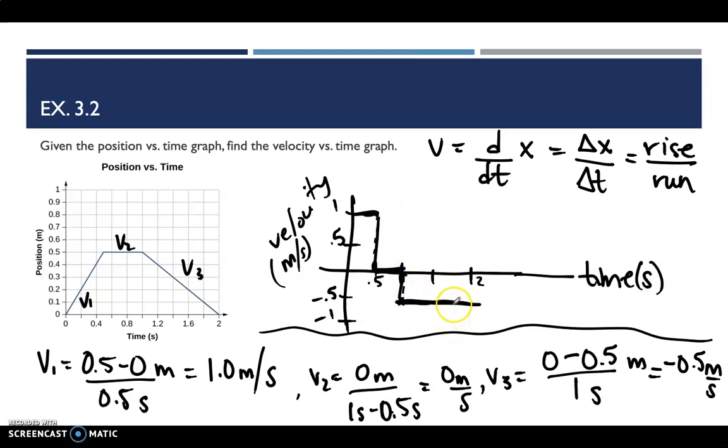I'm not going to be too picky about that if I ever have you draw these, but technically I do believe it would be dotted, since the graph jumps down. So this is another example of graphing position versus time, and then velocity versus time.